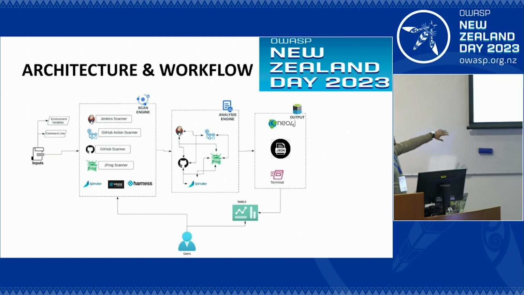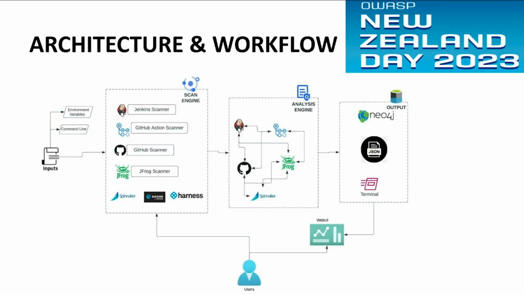Which is basically a bunch of Python scripts specific to each technology. So for example, if in your organization you are not using JFrog, then there is no point in running that scanner, right? So each of the Python scripts, which is basically a scanner for that technology, can be used independently, and each scanner will produce output in, let's say, your terminal or in JSON format.